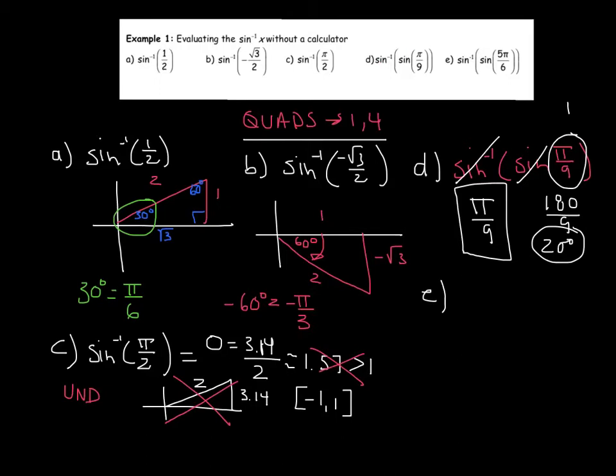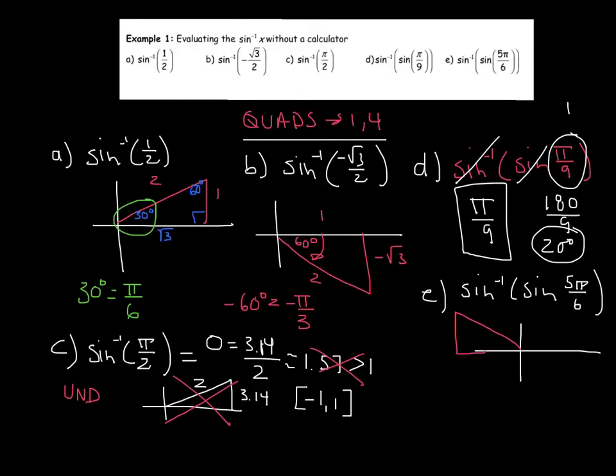Let me work this out for you. In letter E, what do we have? We have the inverse sine of sine of 5 pi over 6. All right, what is 5 pi over 6? That is 150 degrees. So let's see if we can figure out what this sine value is.